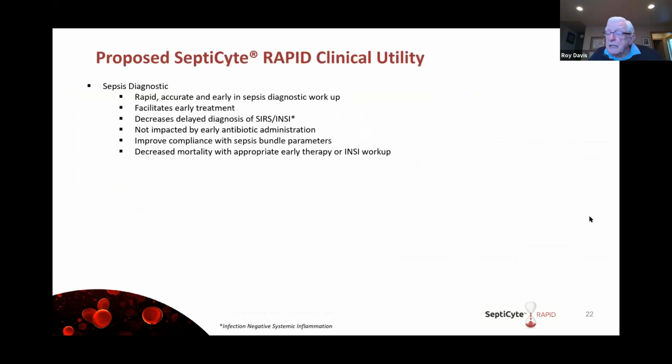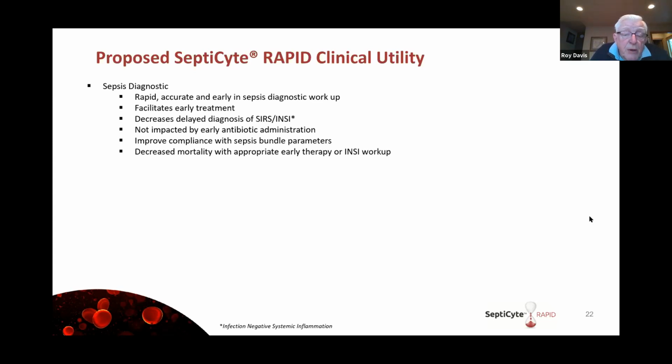This is the clinical utility of using Sepsis Rapid within one's clinical process. From a sepsis diagnostic standpoint, it provides a rapid, accurate, and early sepsis diagnostic capability. It facilitates early appropriate treatment. It decreases delayed diagnosis of those patients who are not septic but are being evaluated for sepsis, i.e. infection-negative systemic inflammation.